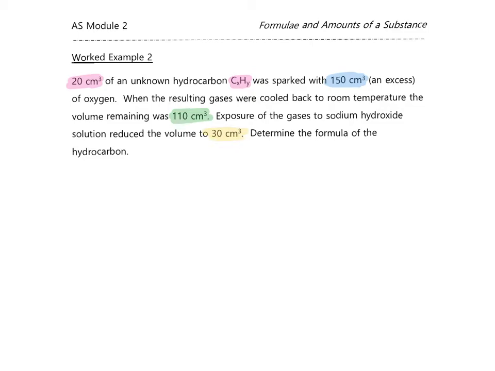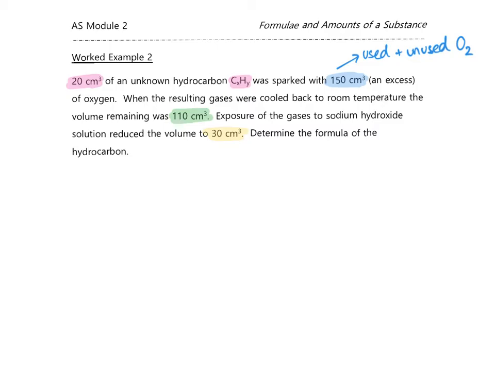Okay. So obviously we've got in our question that we reacted it with 150 centimetres cubed of excess oxygen. So that's essentially your used plus your unused oxygen. Then the resulting gases are going to be the unused oxygen, the carbon dioxide and the steam.